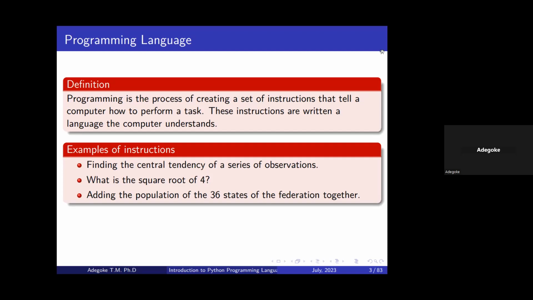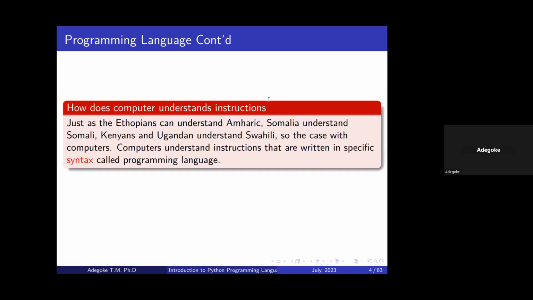So we can write a code that calculates the central tendency of a series of observations, that can find the square root of a number, and also that can add the population of the whole country.